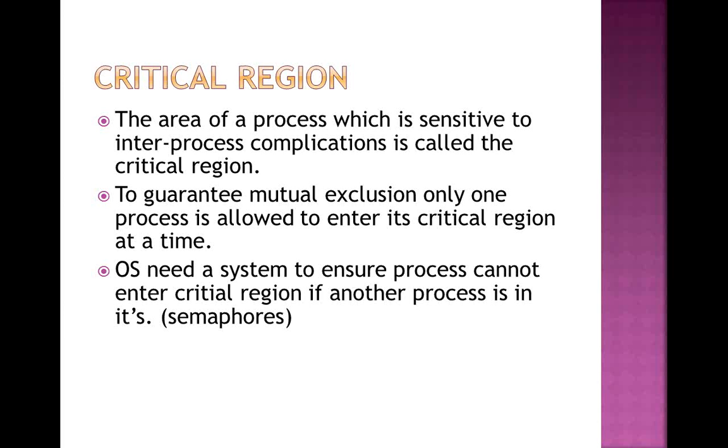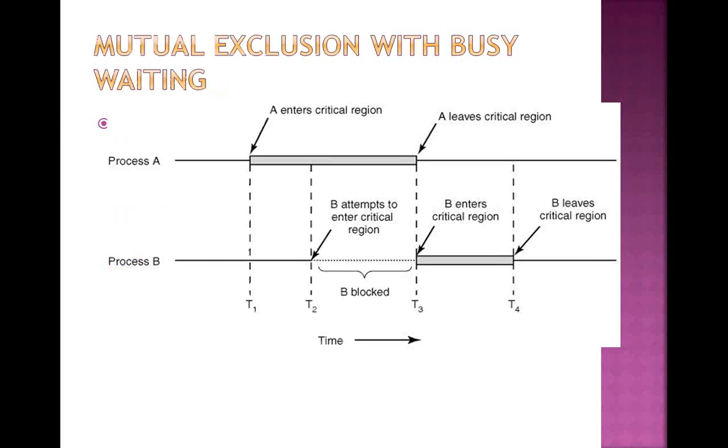To guarantee mutual exclusion, only one process is allowed to enter its critical region. The operating system needs a system to ensure that a process cannot enter the critical region if another process is in it, using semaphores. That is mutual exclusion with busy waiting.